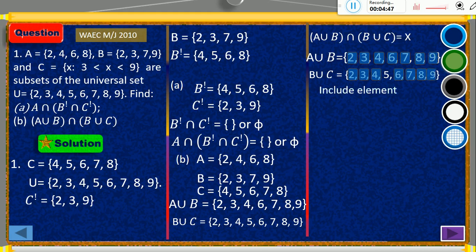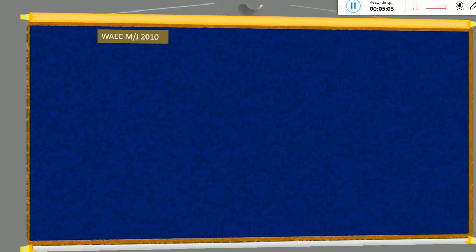That includes elements that belong to both the two sets. So therefore X is equal to 2, 3, 4, 6, 7, 8, and 9.